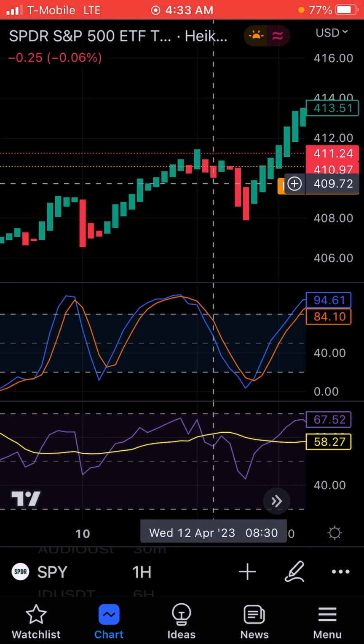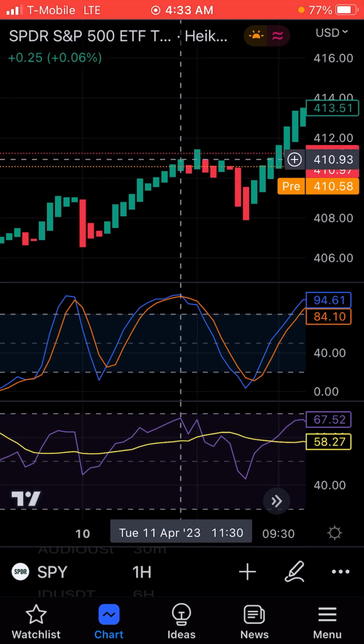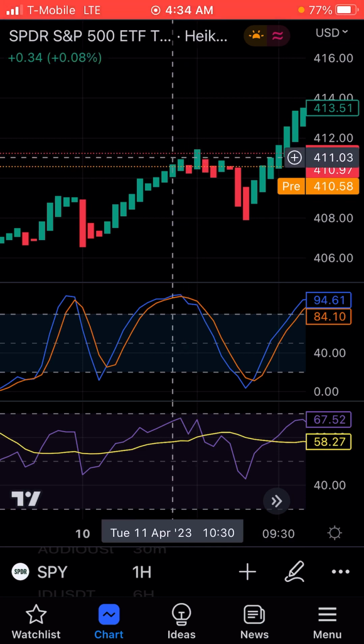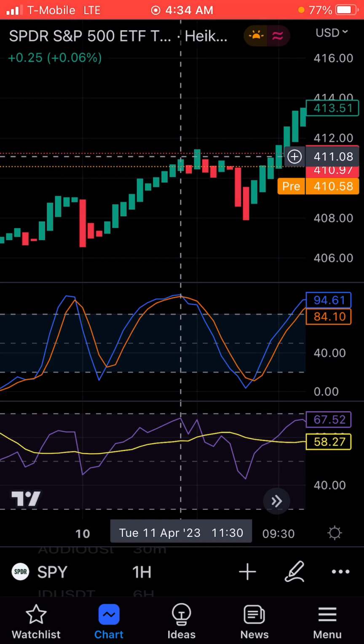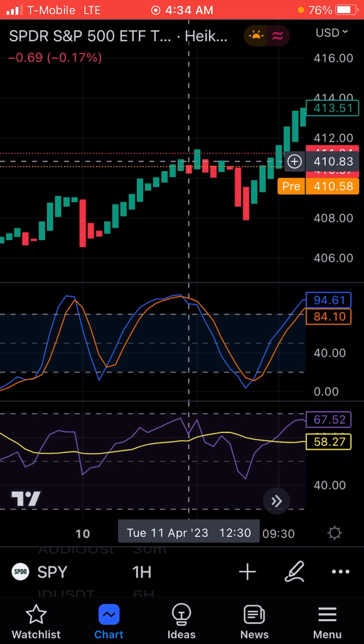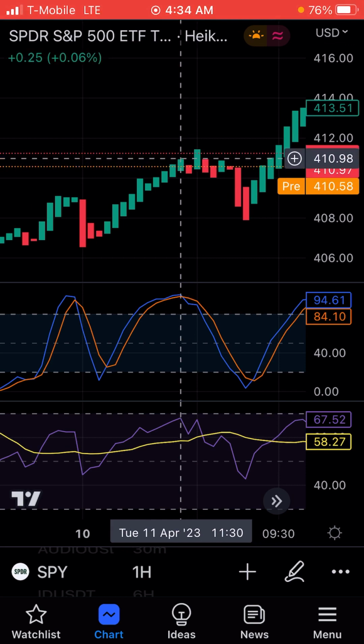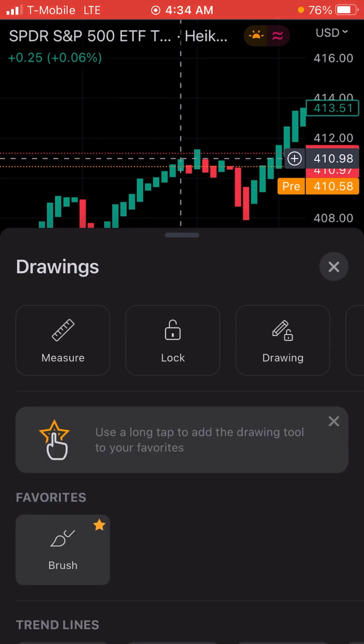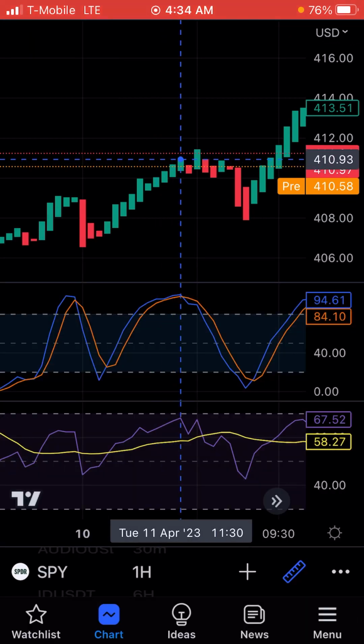It works pretty often here. So we see the blue line passing through the orange line right about here. So here would be a 410 put.